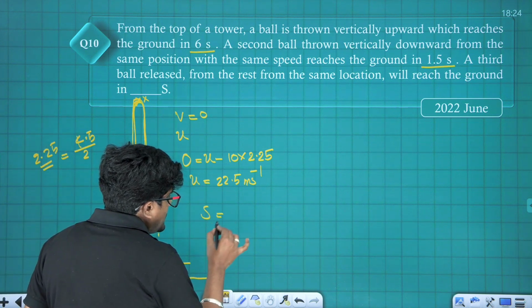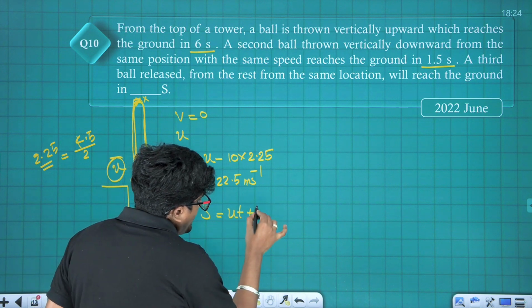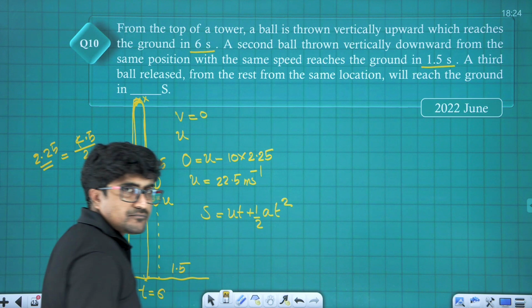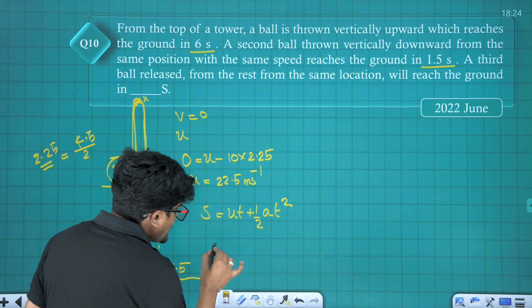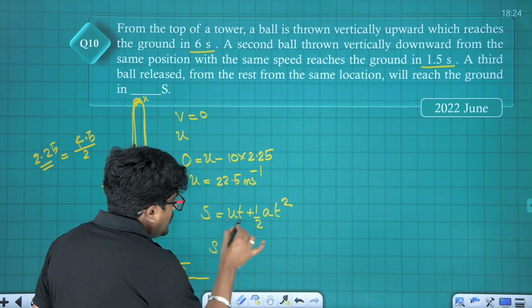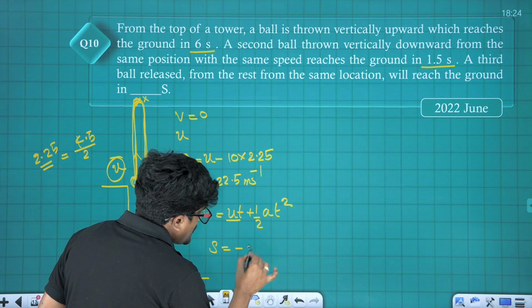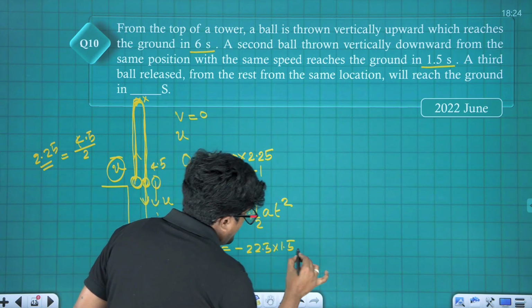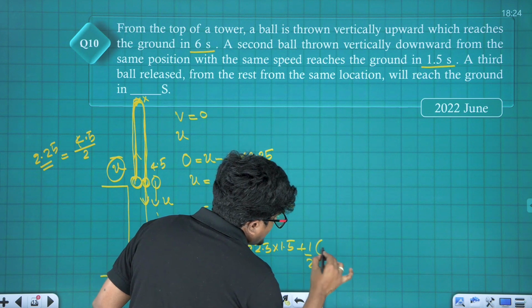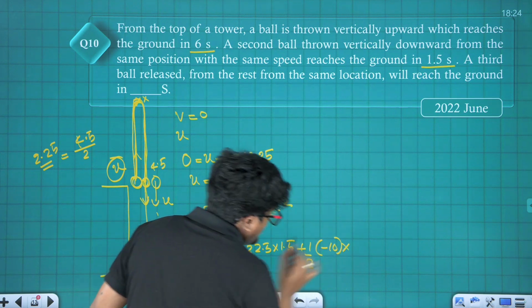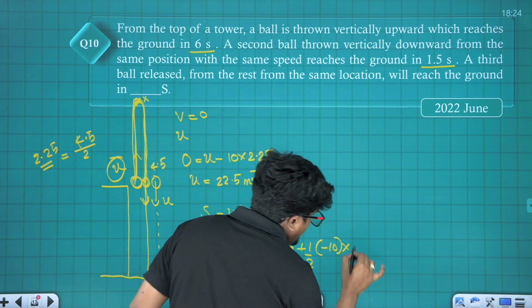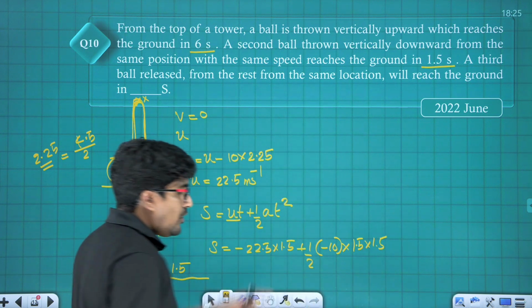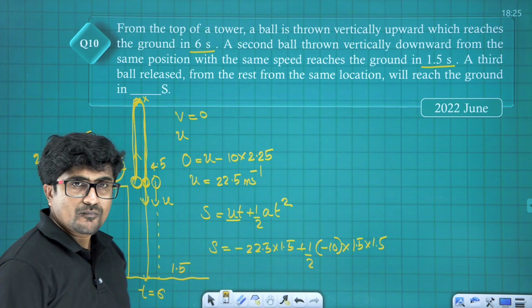Now displacement is equal to ut plus half a t square. Displacement is in the downward direction. So s is equal to, what is the u value? Minus 22.5 into time taken 1.5, plus half of acceleration, again minus 10, into the downward direction, time taken 1.5, so square is 1.5 square.